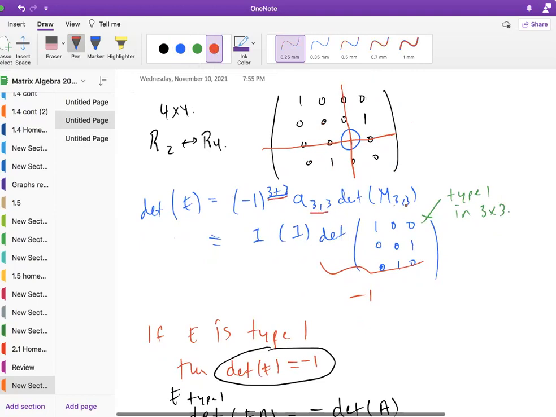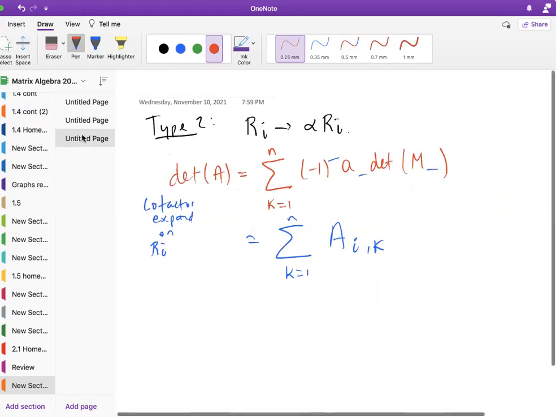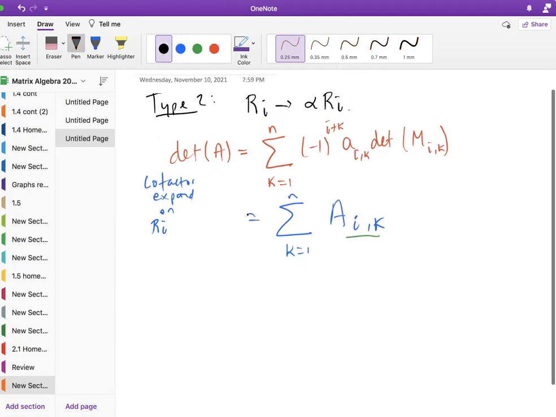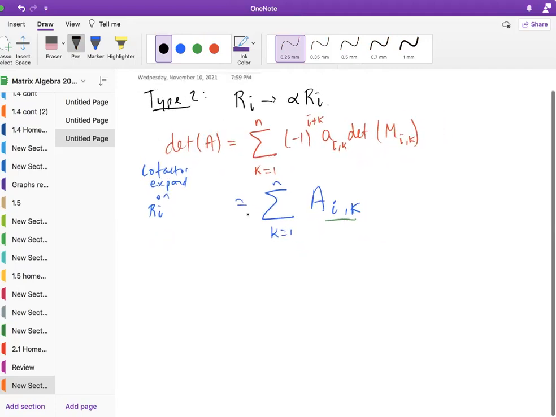What coordinates? Did we forget? Right, silence. It's (-1) to the I plus K, I K, I K, right? Midterm on this stuff.